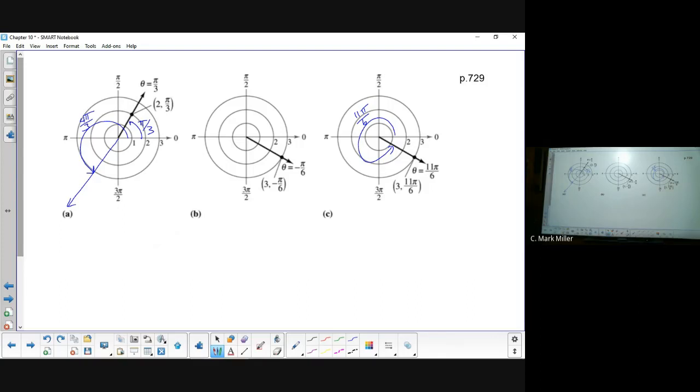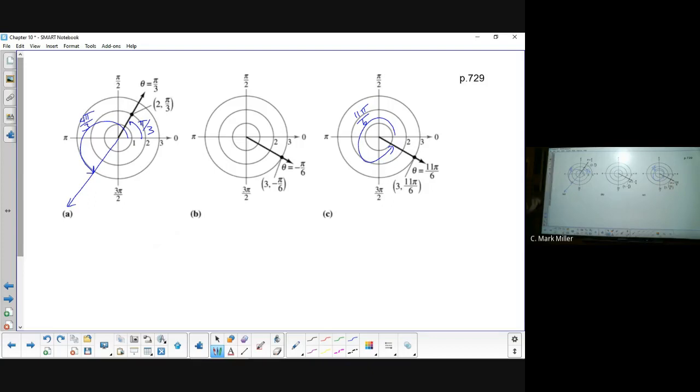There's even other ways. Another way is, how about if I go, instead of that angle, I go from here, not to there, but to here. And I go backwards. I go negative radius.